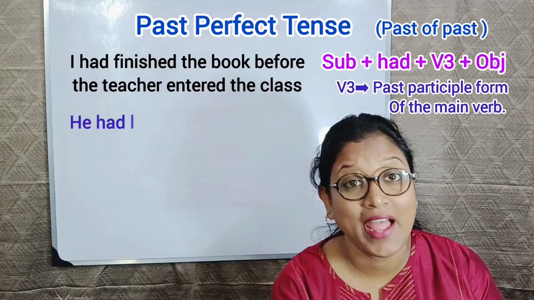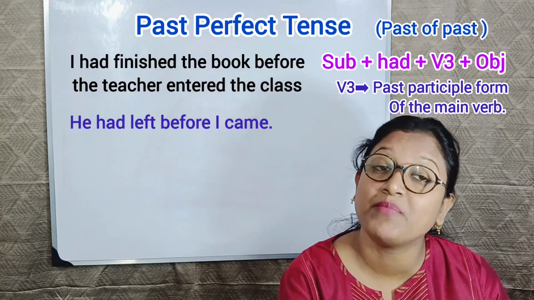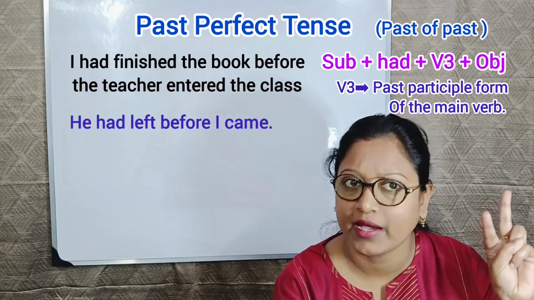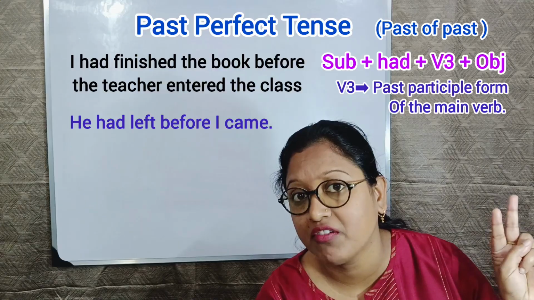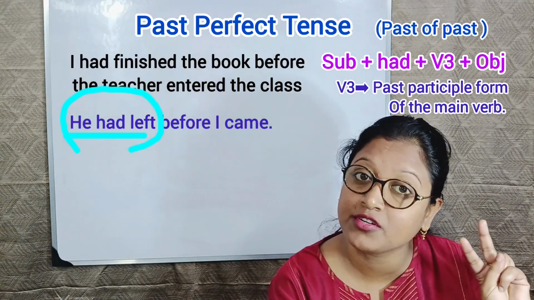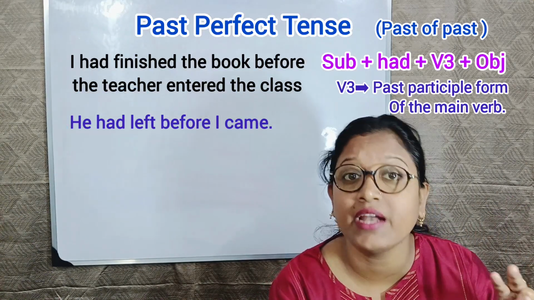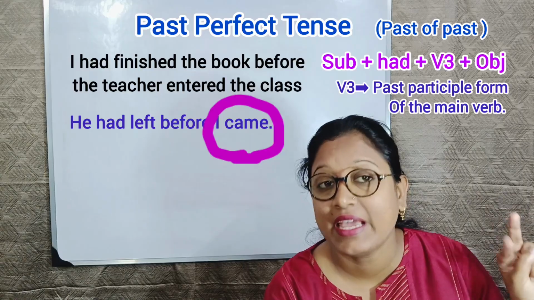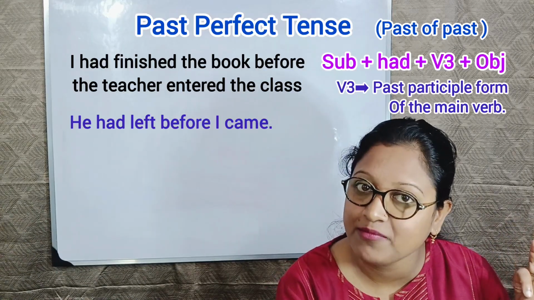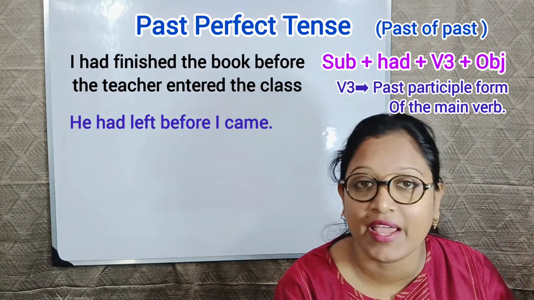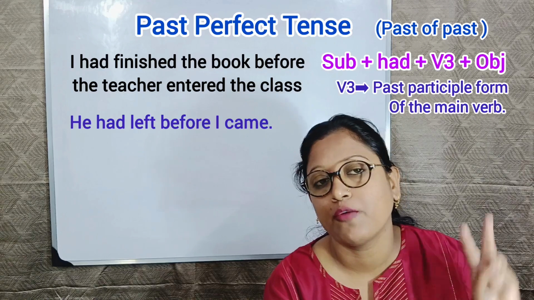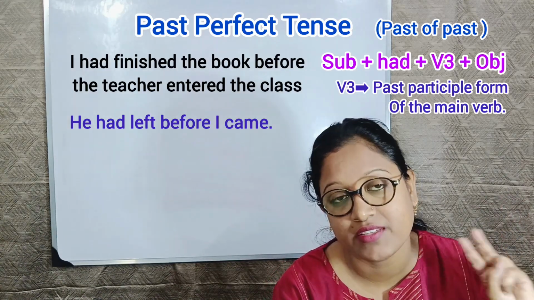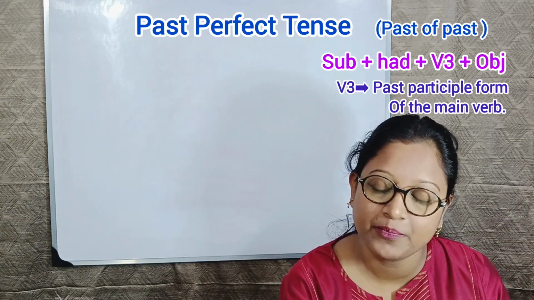Like, he had left before I came. Both actions are in the past, but what happened first? He had left first. After that, I came. He had left before I came. So for the first action we use past perfect and for the second action past indefinite. Clear?